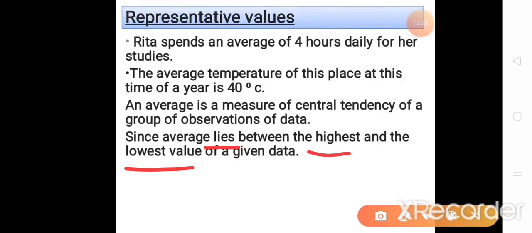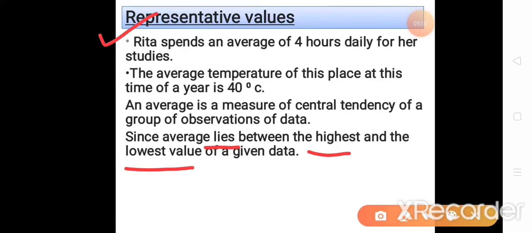For example, if I go back to our first case, suppose the highest number of hours spent by Rita on her studies in one day is, say, 4.5 hours. That is the highest, while the lowest is, say, 3.5 or 3 hours and 45 minutes as such.